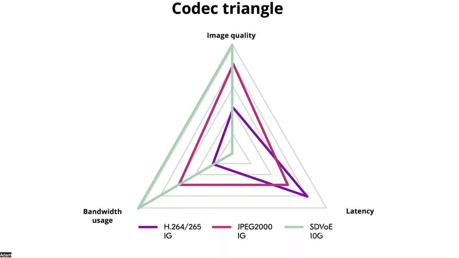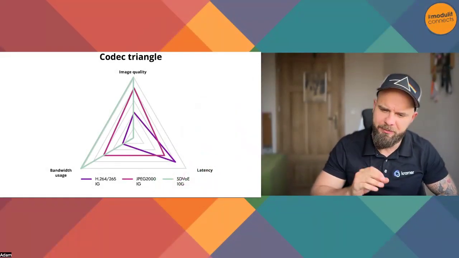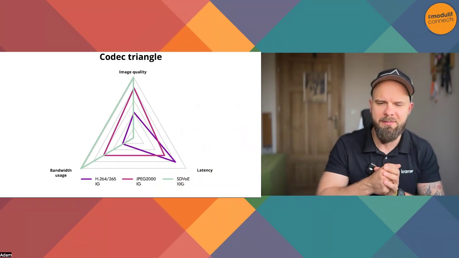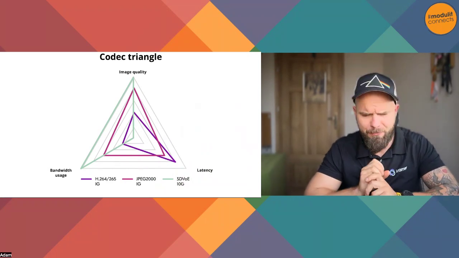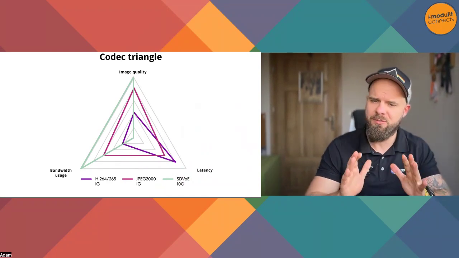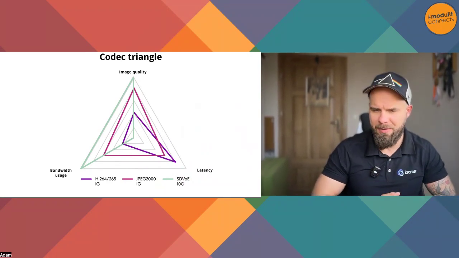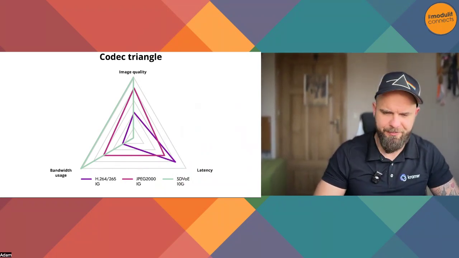And somewhere in between, like a compromise between different aspects, are JPEG 2000 solutions. I would say it's an oversimplification, because even among H.264 codecs we have products offering very nice image quality and quite low latency, using slightly more bandwidth. But this is just for you to imagine the compromises we need to make.